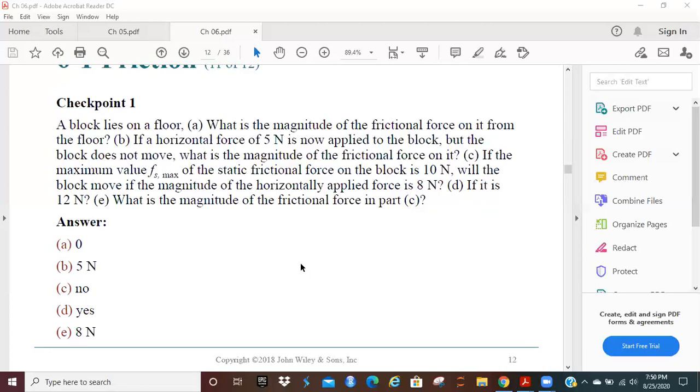So let's take a look at part C. If the maximum value of the static frictional force on the block is 10 newtons, will the block move if the magnitude of the horizontally applied force is 8 newtons?